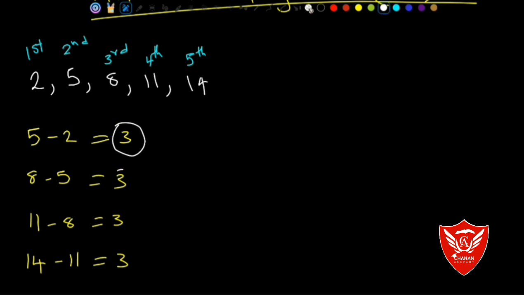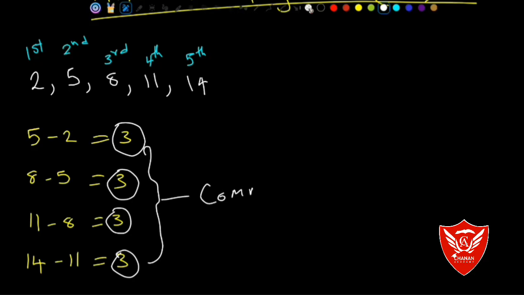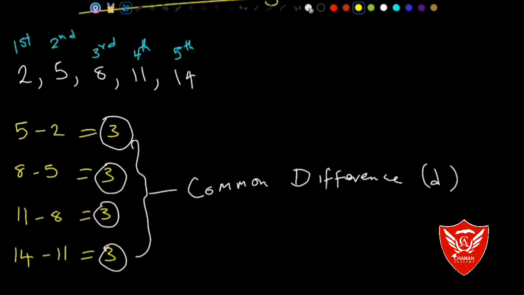This 3 is called the common difference and is represented as D. Let us assume that 2 is A. Therefore, 5 will become A plus the common difference, which is D. Also, 8 becomes A plus 2D, which means we multiply the common difference twice.